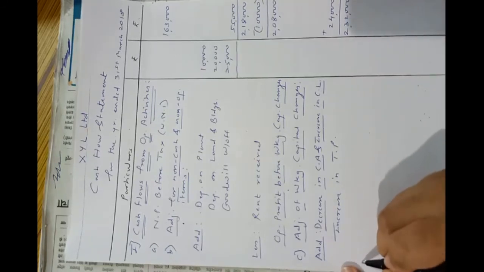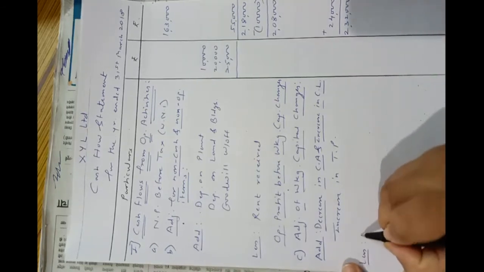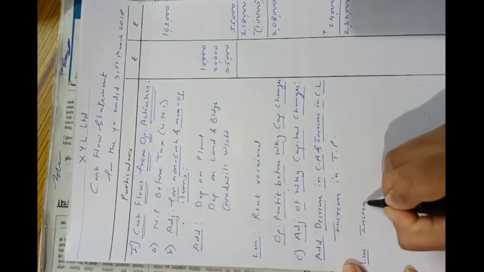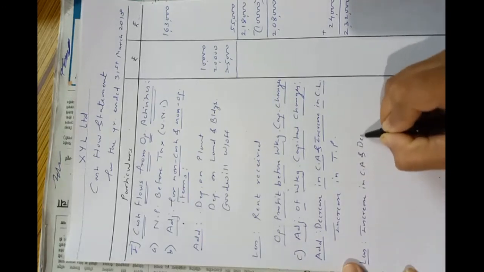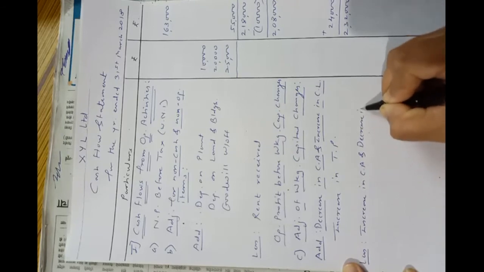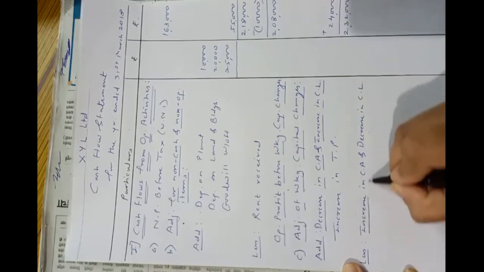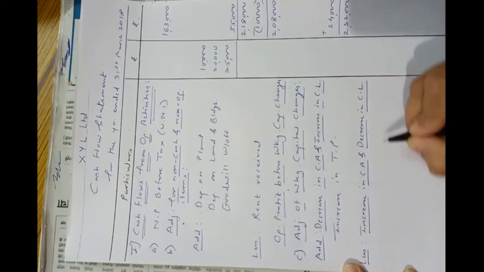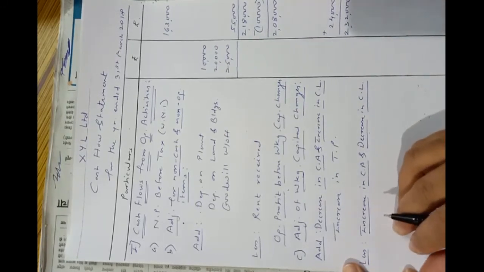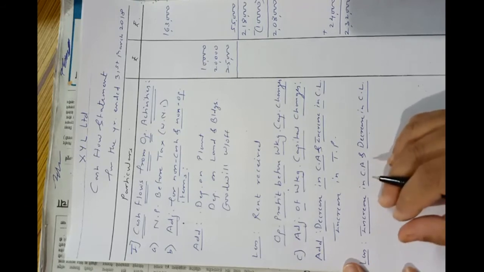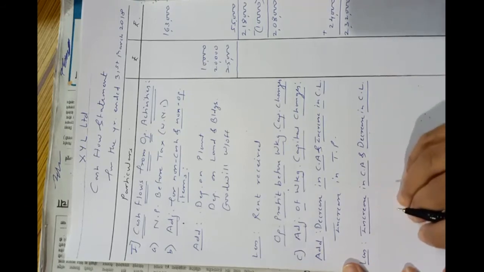Now less increase in current assets and decrease in current liabilities. Now see in the problem, there is increase in inventory and increase in trade receivables. No decrease in current liabilities there.